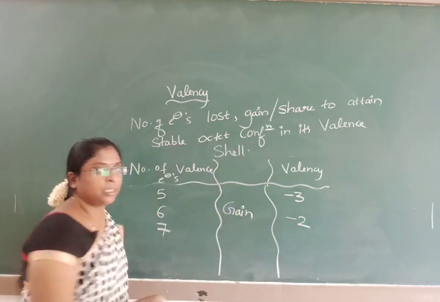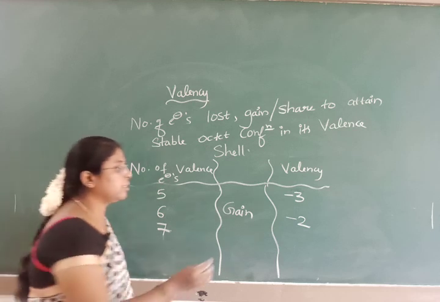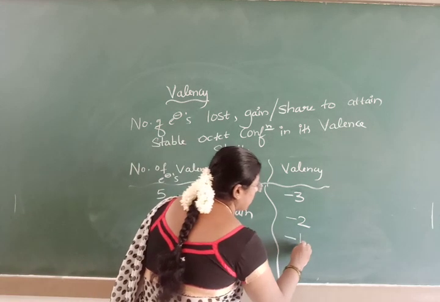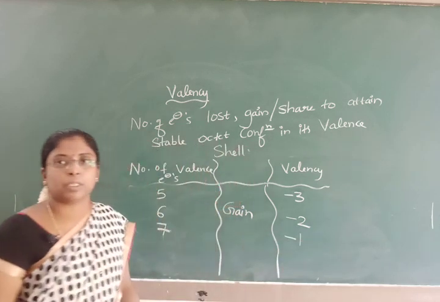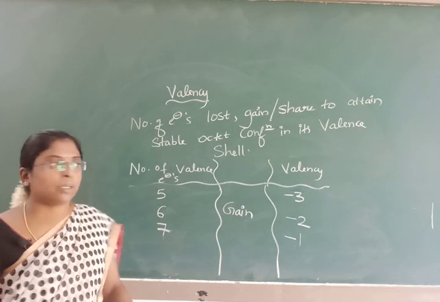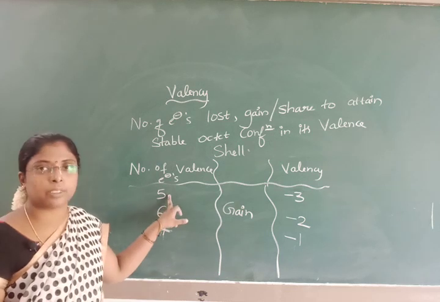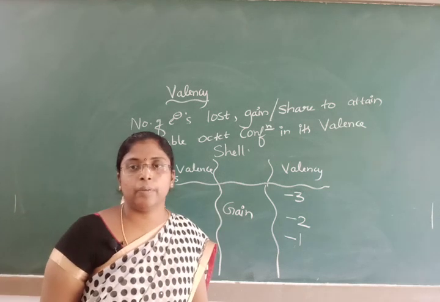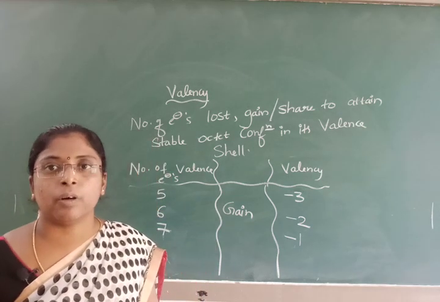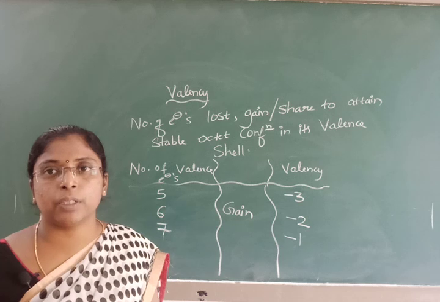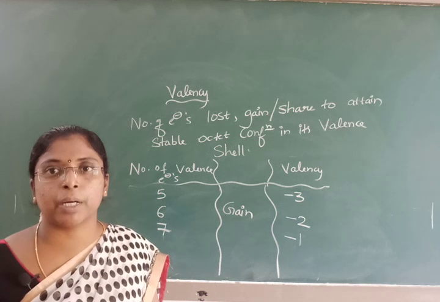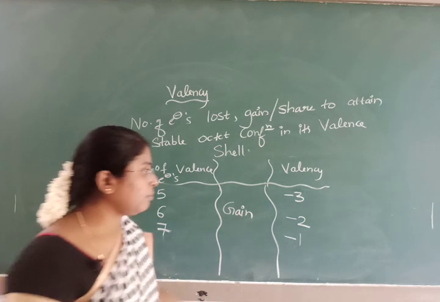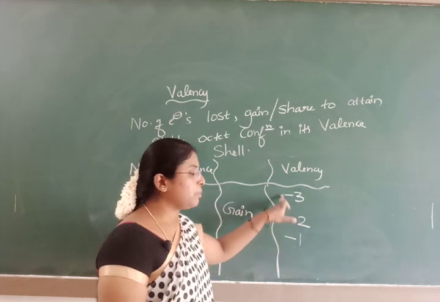Already 7 is there, it requires only 1 electron, hence it gains 1 electron. The elements having 5, 6 and 7 valence electrons in the outermost shell gain electrons to form charges of minus 1, minus 2 as well as minus 3.